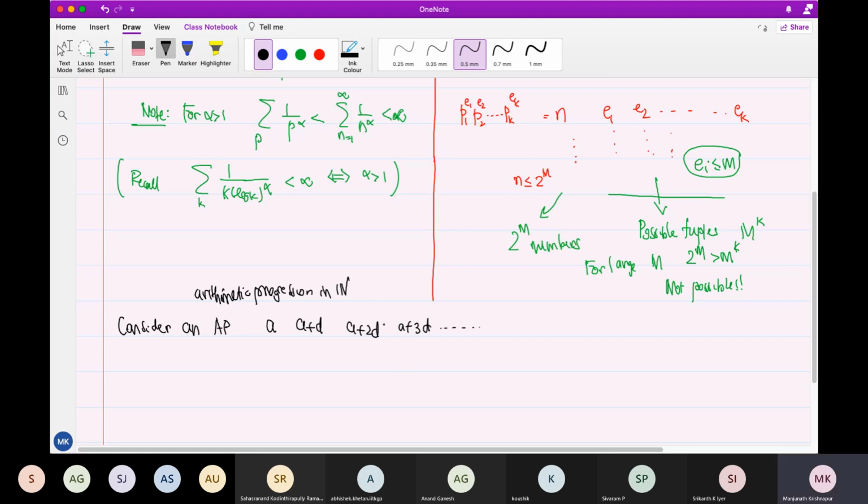So the question is, are there infinitely many primes in this arithmetic progression?